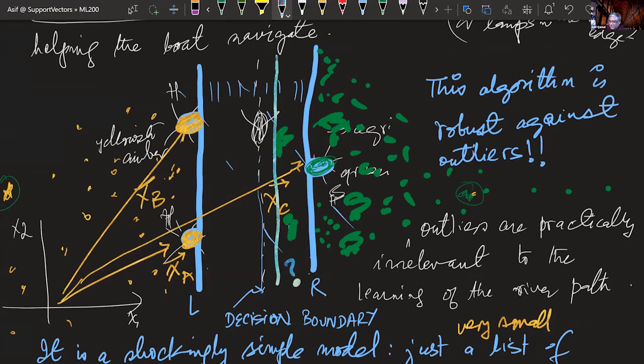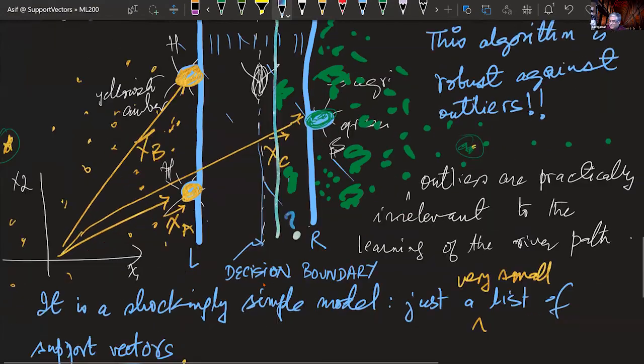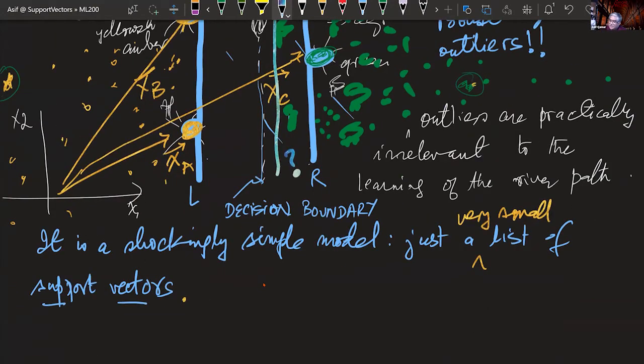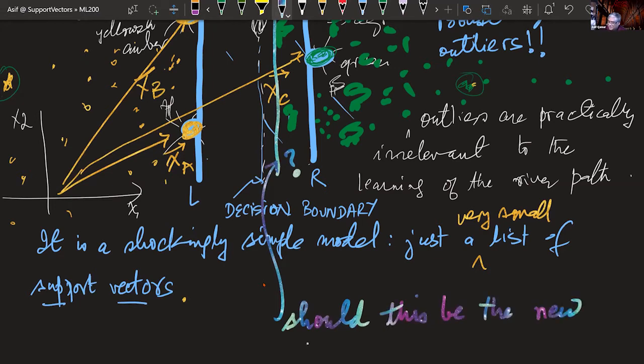I'll pose this question here. Oh, this is really multicolored. Should this be the new river bank? Basic intuition says that no, but sometimes you might find a tree or two in the river.